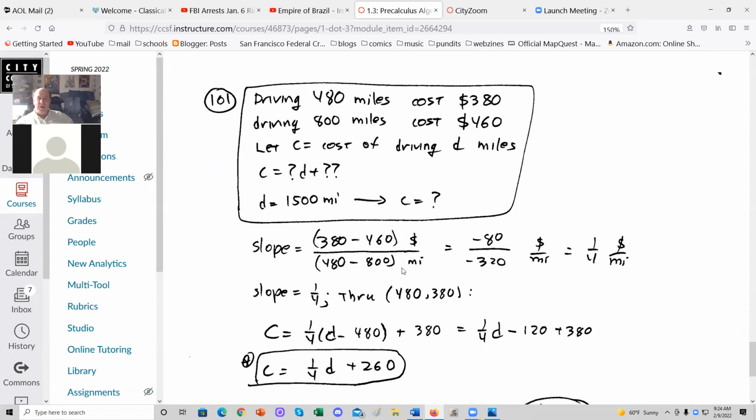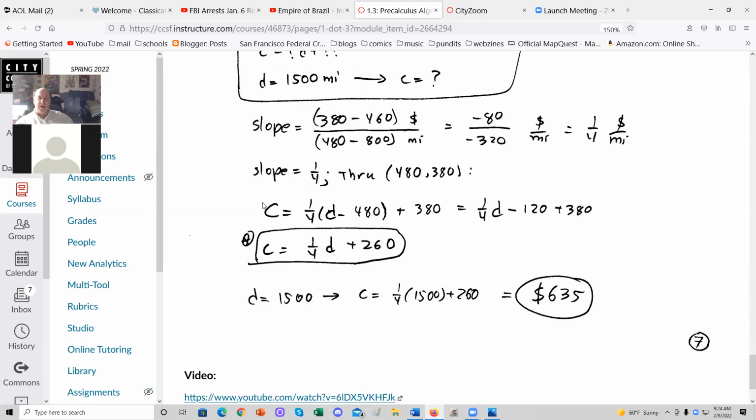Well, first we have to find a formula. Find the slope and the intercept. The slope is going to be in dollars per mile, so it's (460 minus 380) dollars over (800 minus 480) miles, which if we work it out is 1/4 of a dollar per mile, 25 cents per mile. Slope is a quarter, and let's say it goes through 480 miles by $380.